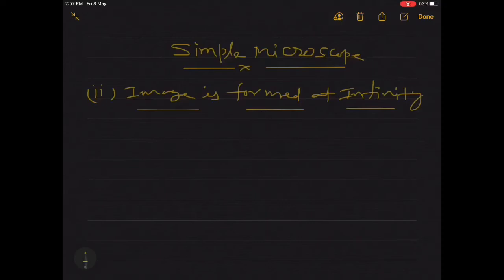My dear friends and my dear learners, in the last video lecture, you have seen the case of image formation by a simple microscope when the image is formed at D. In the second case of image formation by a simple microscope, the image is considered to be formed at infinity.